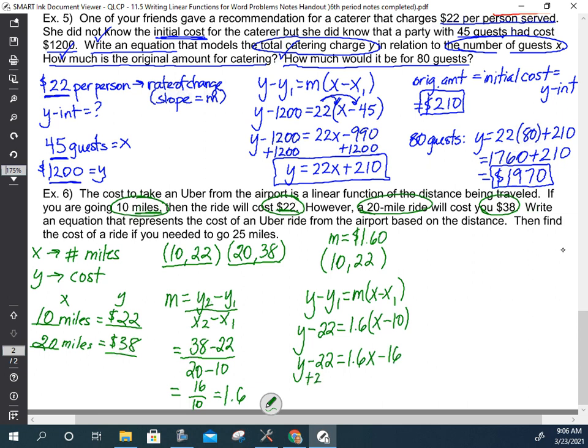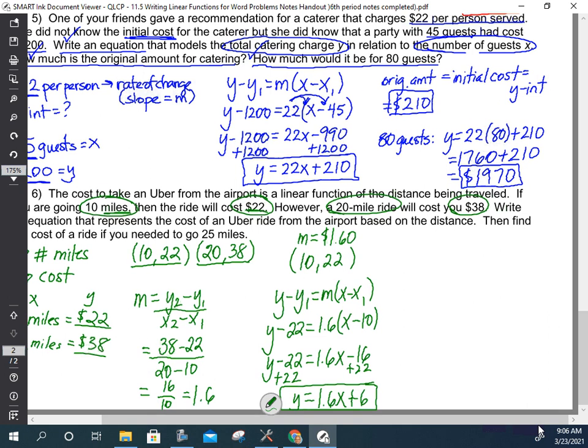Add 22 to both sides. So y equals 1.6x plus 6. So there's your equation. So there's your equation for this Uber ride.